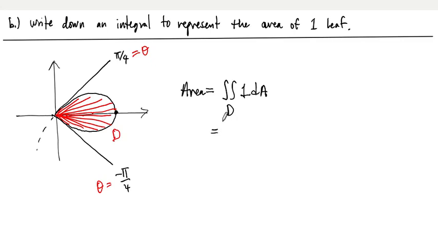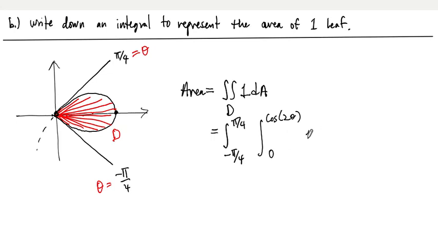and so our region D is this one leaf. All right, and based on this conversation here, we've got that our integral in the theta direction is just bound by constants, so negative pi over 4 to pi over 4. And then the inner integral with respect to r, this is going to be enclosed by the function cosine of 2 theta in the upper bound, and in the lower bound it's just 0.